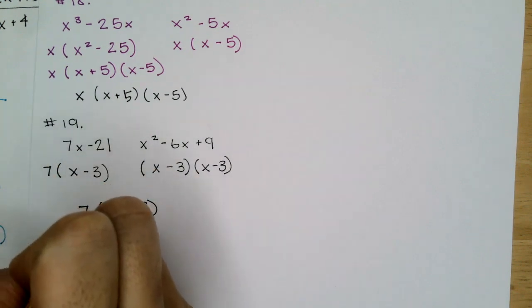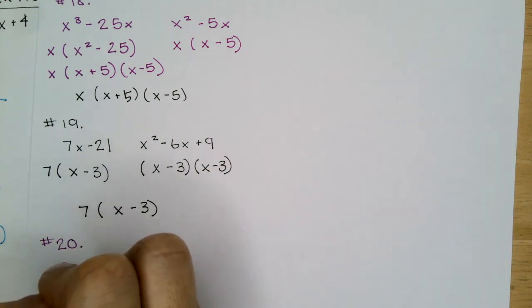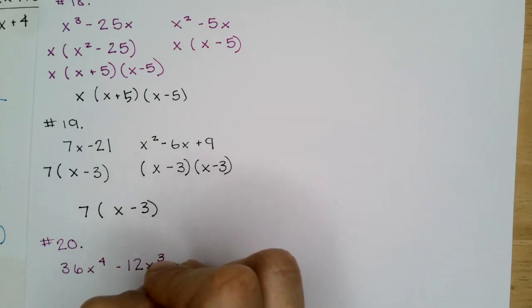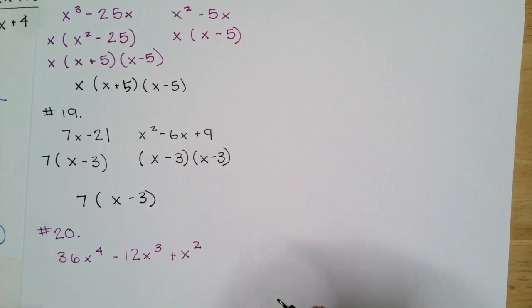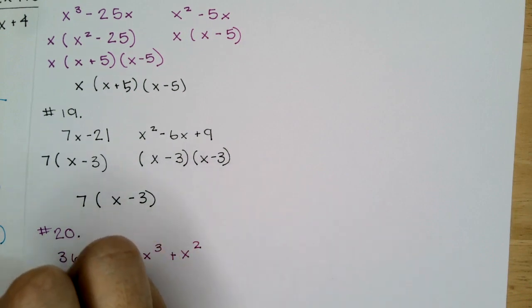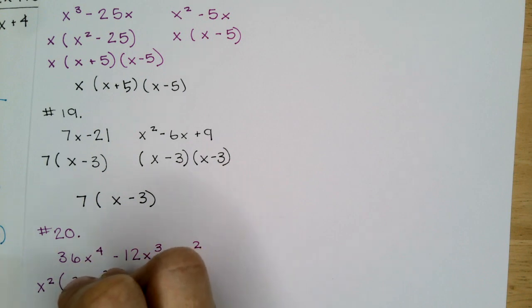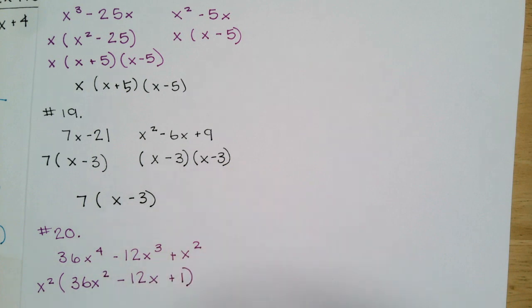Number 20, 36x to the 4th minus 12x to the 3rd plus x squared. I can factor out an x squared and I'll get 36x squared minus 12x plus 1. Trying to think of what that would then equal.